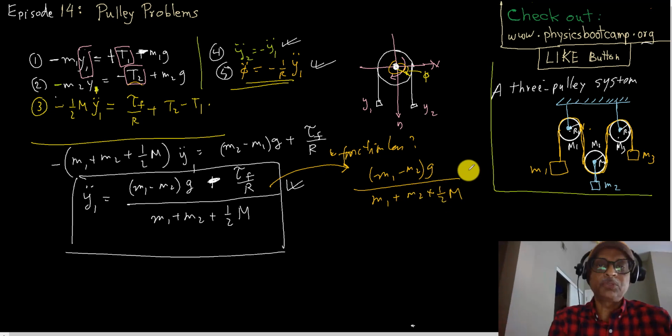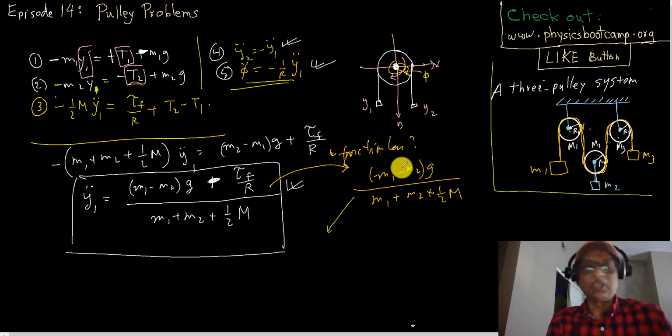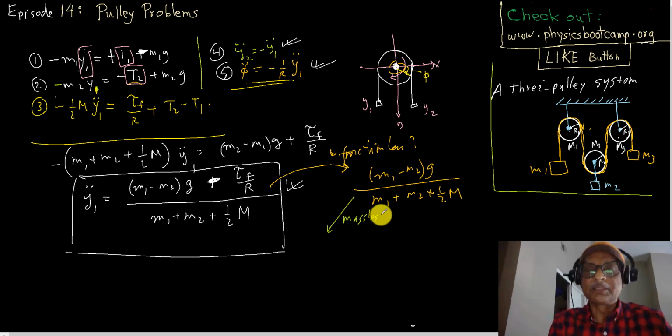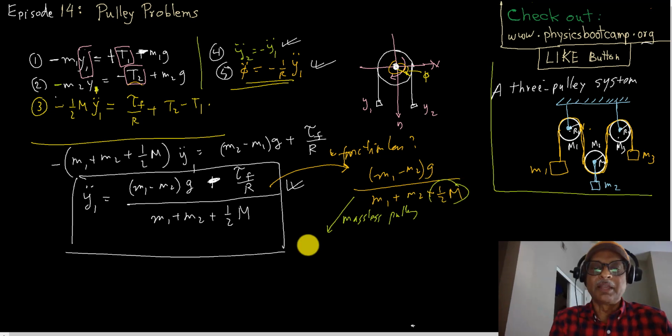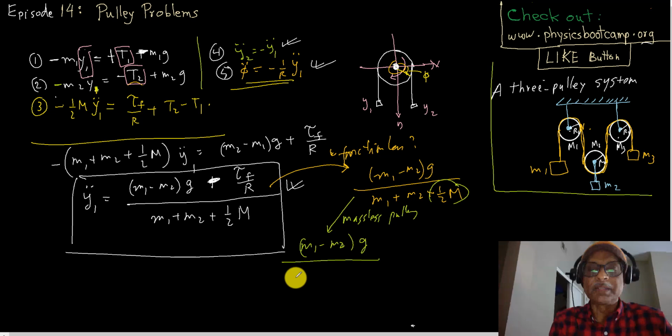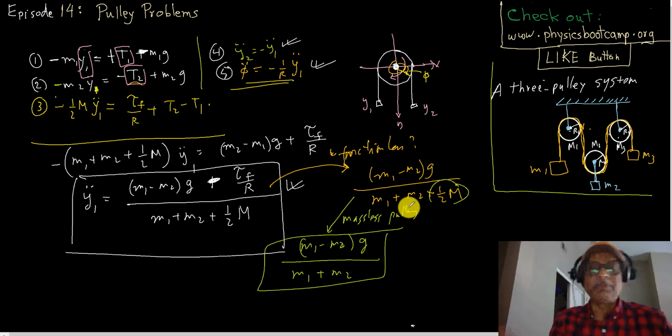You say, hey, I also don't want the pulley to have much mass. Massless pulley. This will go away, and so you'll have a much simpler formula for the y1 acceleration. And there you have it.